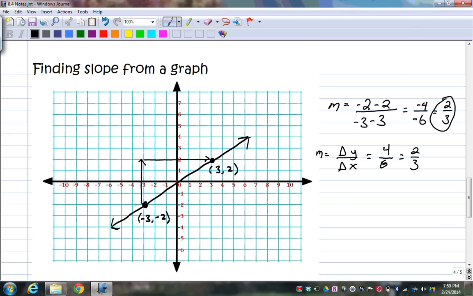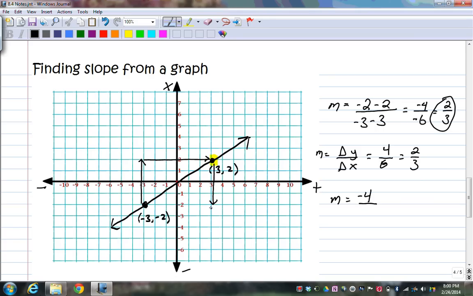Now, when I count it up, you got to remember that up is a positive direction, down is a negative direction. To the right is positive and to the left is negative. That's important because if I choose to start here and count to the other dot, I can. But what happens is I'm going down 4. So m is -4.